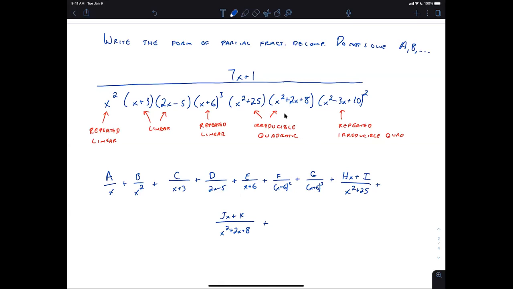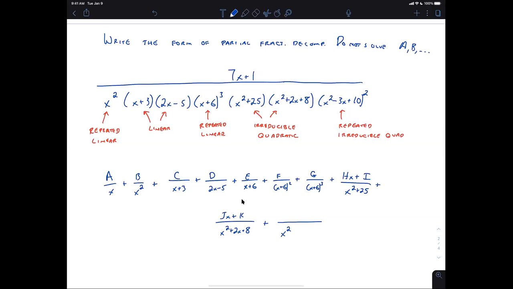Because it's an irreducible quadratic and the bottom's degree 2, the top could be degree 1 or degree 0, so you allow for degree 1. If it happens to be degree 0, then you get 0 for h or 0 for j maybe, and that'd be okay. And then x squared minus 3x plus 10, that's irreducible. And it's repeated, so you do it the same way as a repeated linear.